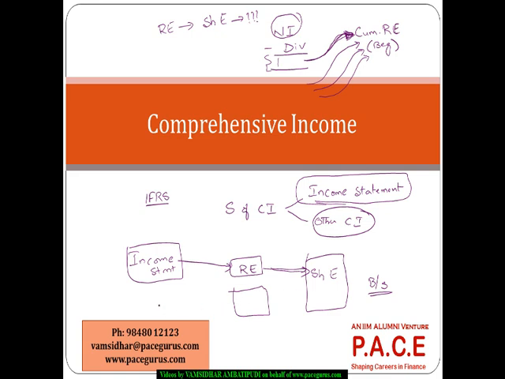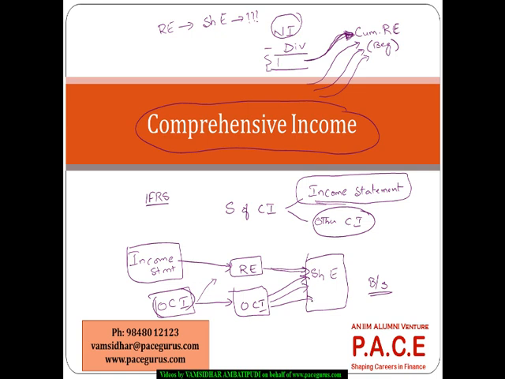But there are various other pieces, other comprehensive income areas, which do not go through the retained earnings. They are captured as a part of other comprehensive income, which is again a part of this statement of comprehensive income, and which goes and updates the shareholders equity. So we need to understand what are all those things that go as a part of the other comprehensive income, because that is resulting in an overall change in the shareholders equity situation.